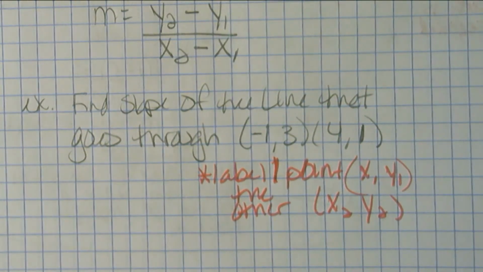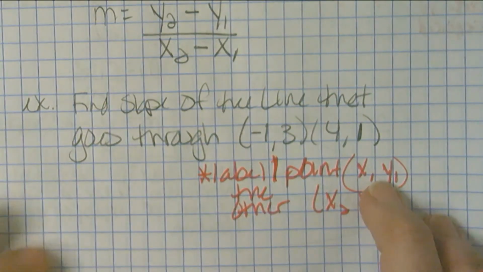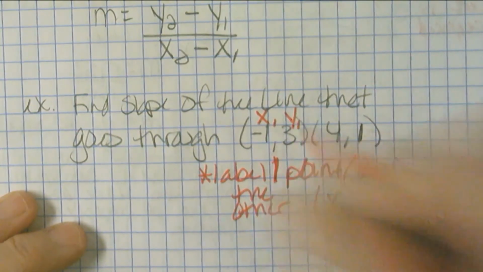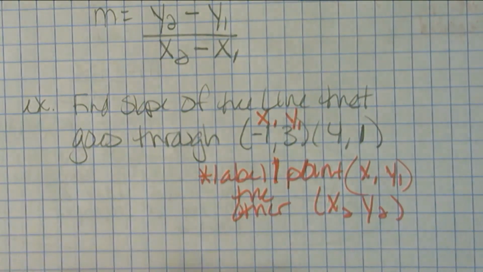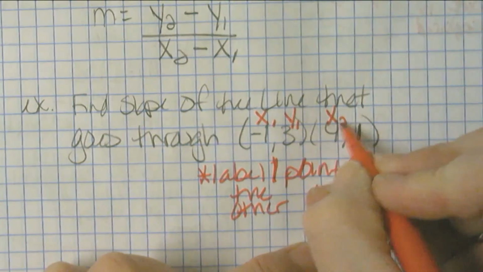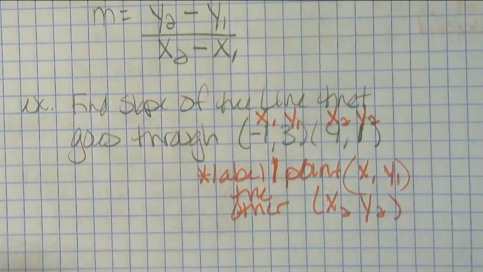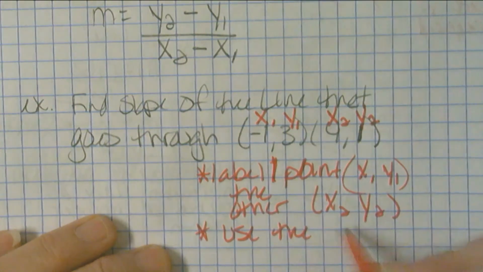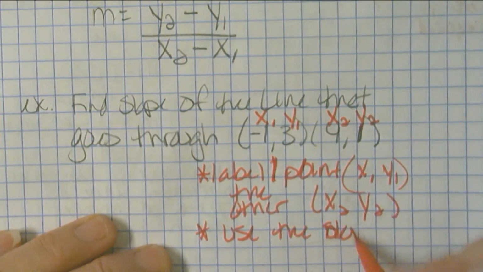It doesn't matter which is which. So let's call that first point my x1, y1. And I'm going to label the other one x2, y2. And now I'm going to use the slope formula.